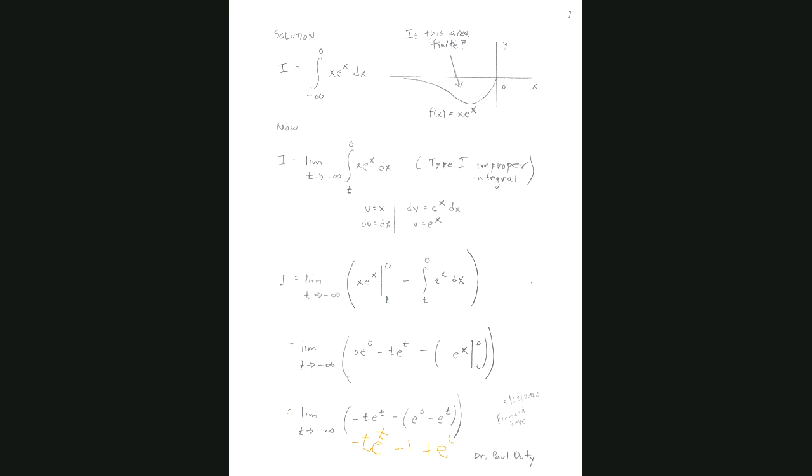I'm distributing the minus through there. And so you got the limit of the sum of 3 functions. That's going to be the sum of the limits of each function. And that's assuming the limits exist, but they do. And so that's how we get to this step here.